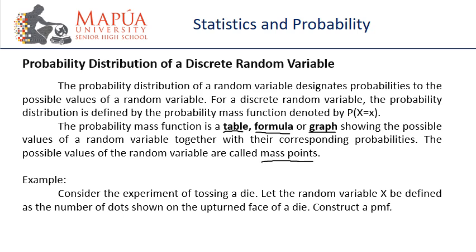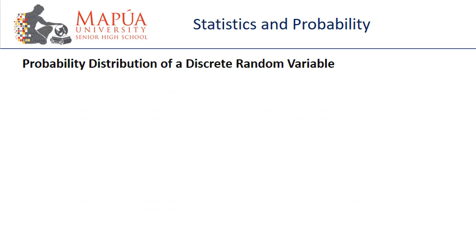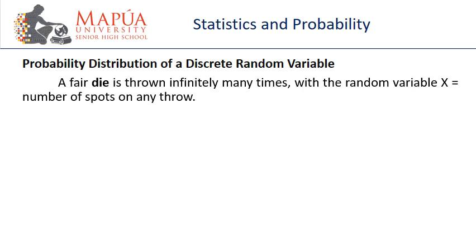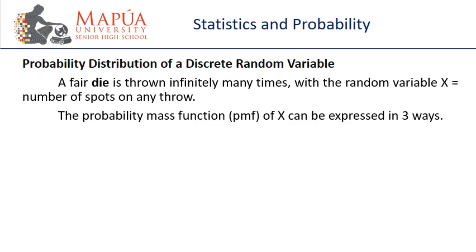Let's say, for example, consider the experiment of tossing a die. Let the random variable big X be defined as the number of dots shown on the upturned face of a die. Construct a probability mass function. A fair die is thrown infinitely many times, with the random variable big X equal to the number of spots on any throw. The probability mass function, or PMF, of big X can be expressed in three ways: by a table, formula, or graph.